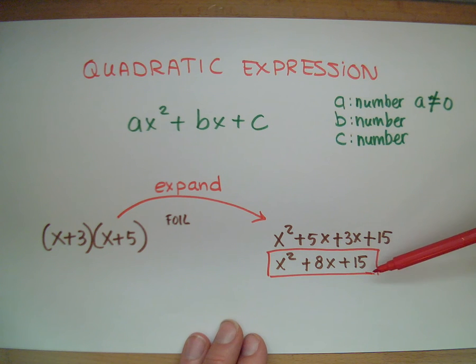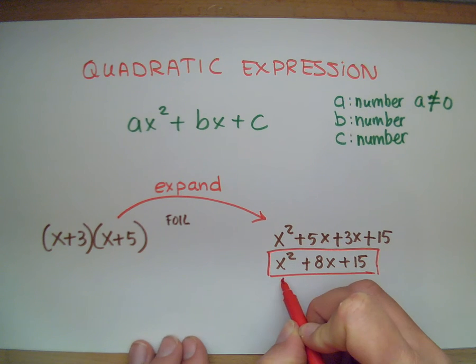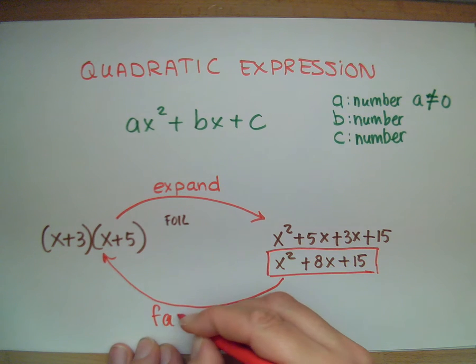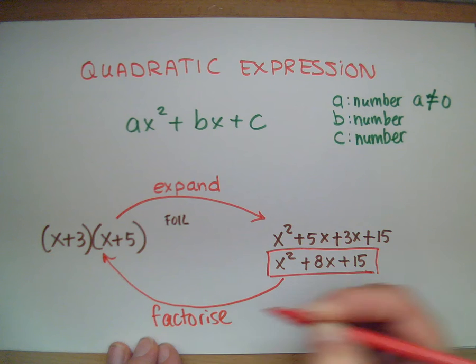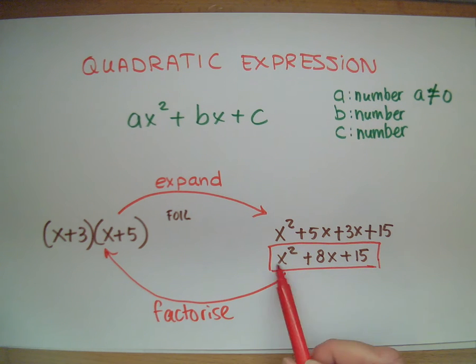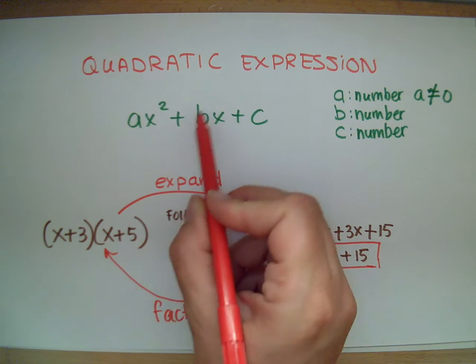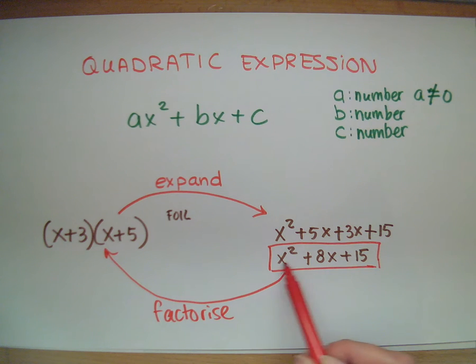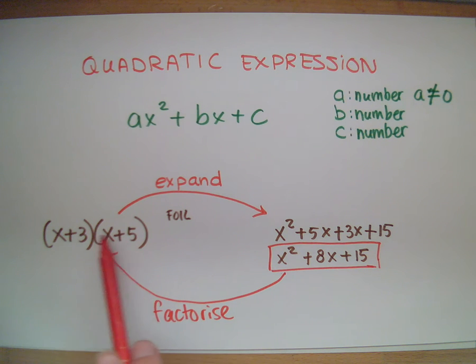Now, if you're asked to factorize a quadratic expression, you're being asked to turn this trinomial, sometimes it's a binomial, you can imagine if either b or c is 0, then it'll be a binomial, to turn this quadratic expression back into the product of factors.